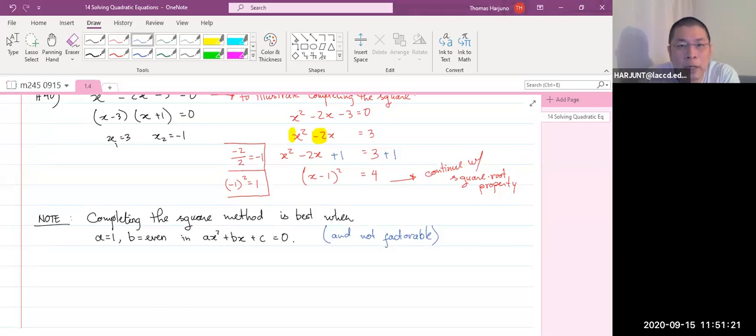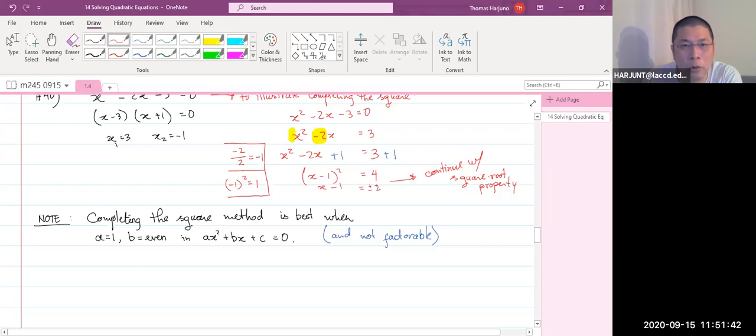If we don't split it, does it make it wrong? You will see you are not done if you don't split it. Let's see, for example, here. If I continue from here, then you will get x minus 1 equals plus minus 2. If you don't split it, then you don't get the 3 and negative 1, the supposed answer.